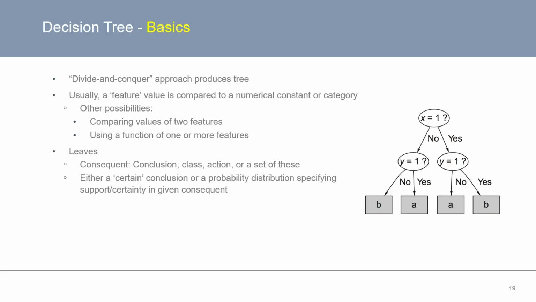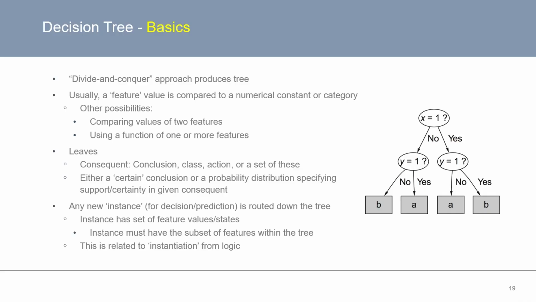Leaves represent the consequent, and these can output a conclusion, a class, an action, or some set of these. Leaves can assert either a certain conclusion or a probability distribution that specifies the support or certainty for a given consequent. Again, a certain conclusion would employ decision trees for deductive reasoning, while a probability distribution is a hallmark of inductive reasoning.